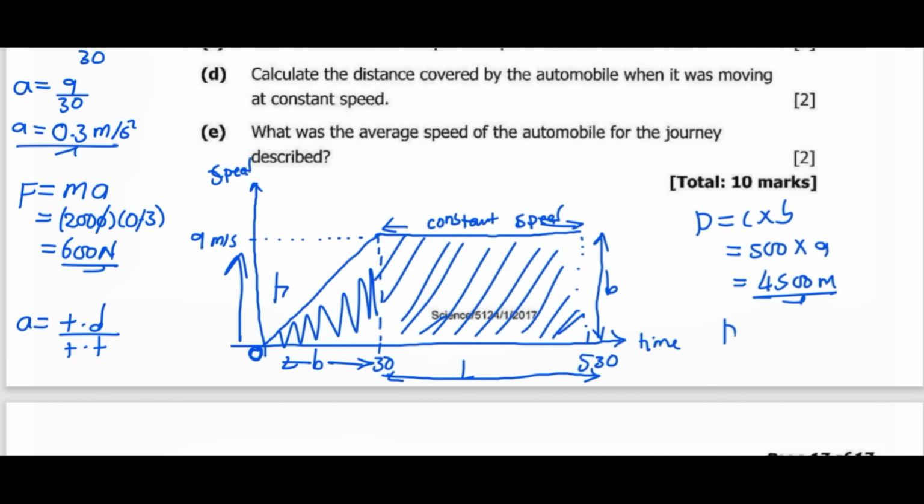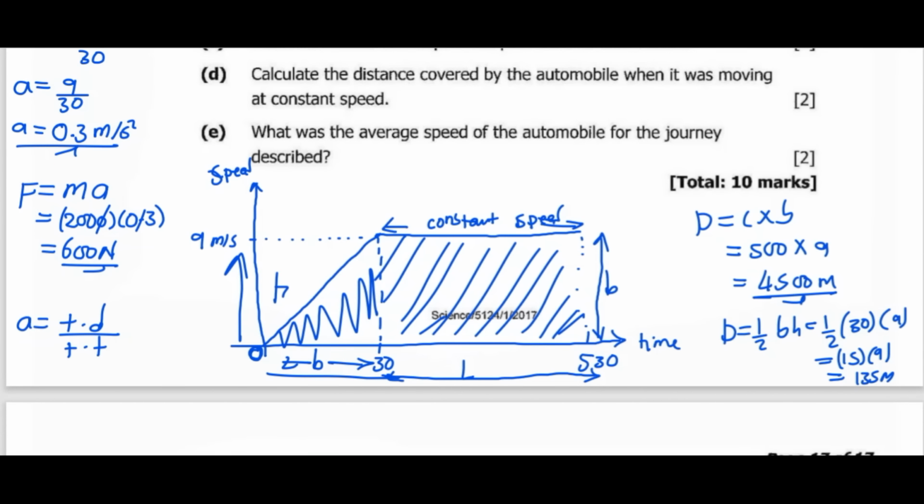The distance is equal to half BH. Half of B is here, 30, then our height is 9. So we have 15 times 9, I'm getting 135. So 135 is the distance for the triangle.